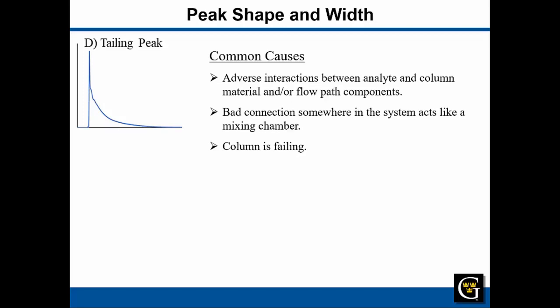Sometimes, if there's a bad fluidic connection, like a capillary that's not properly seated, this can act like a small mixing chamber and lead to a tailing peak like the one shown here. Or if a column is failing very badly, one of the symptoms of a failing column can be a badly tailing peak as well.